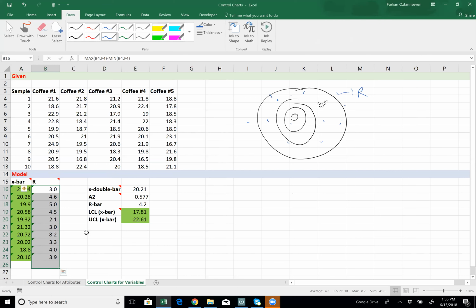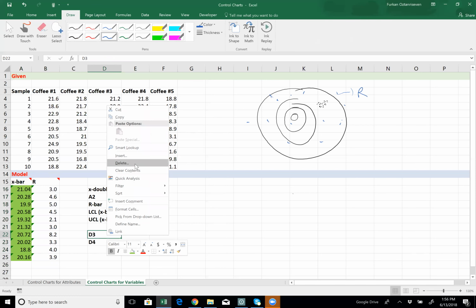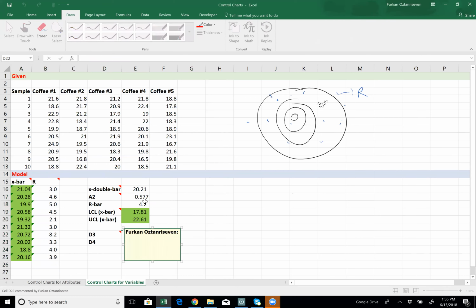To do that, I have my D3 and D4 values here. And these are my steps 7 and 8. Again, you can get these values from a statistical book or online.